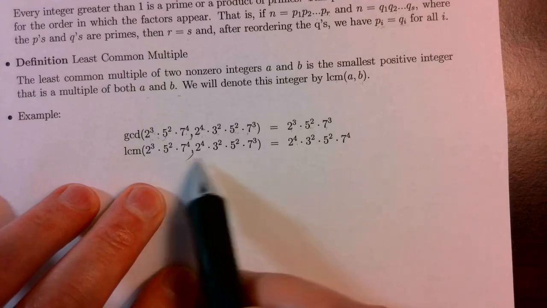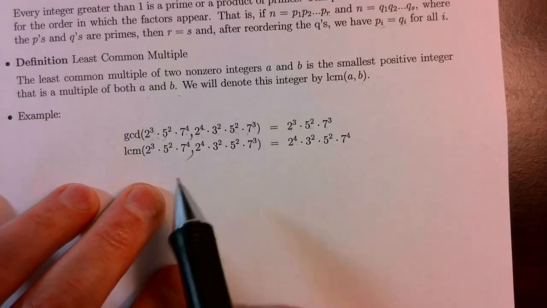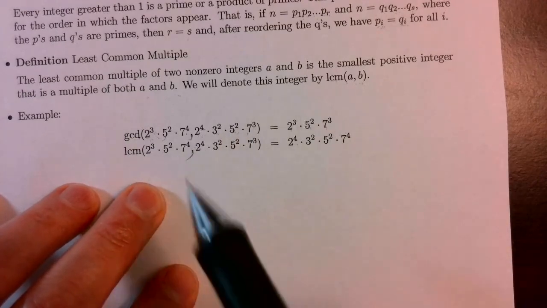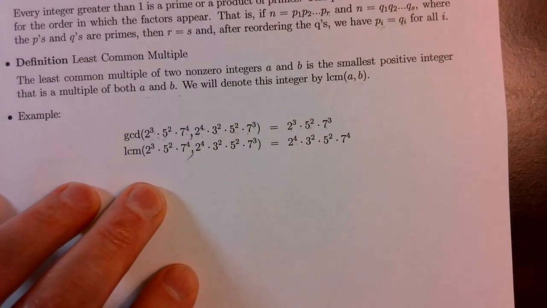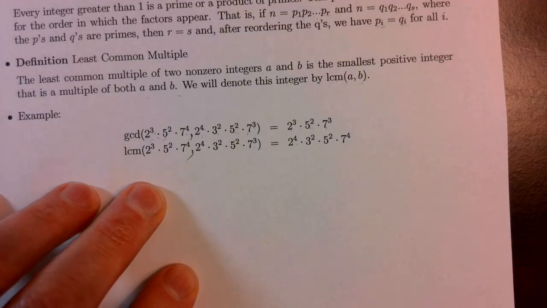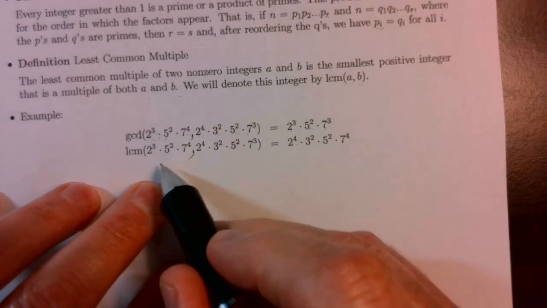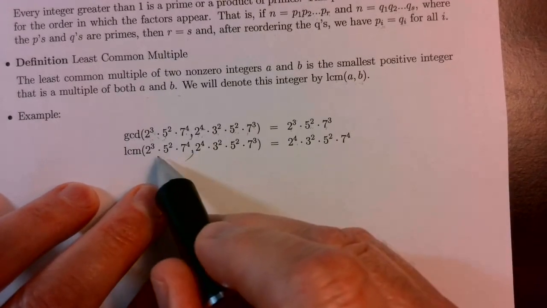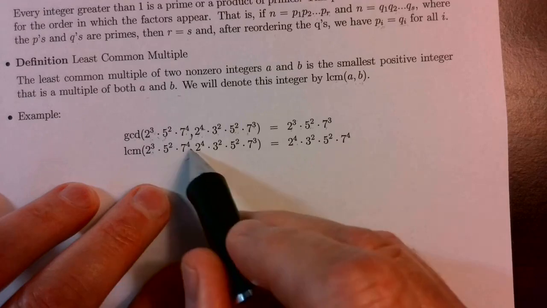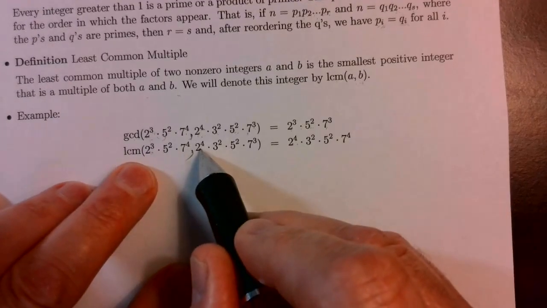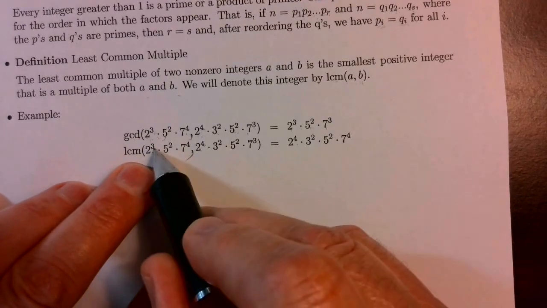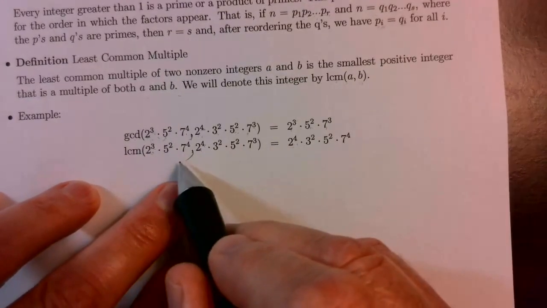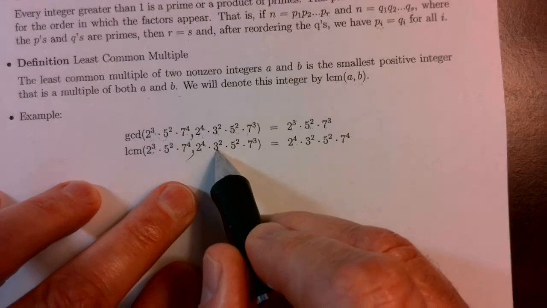The LCM is handled similarly, but instead of taking the smaller exponent, we take the larger one. 2 appears in both factorizations. We write 2 to the 4, the big one, in the LCM. 3 squared appears here.